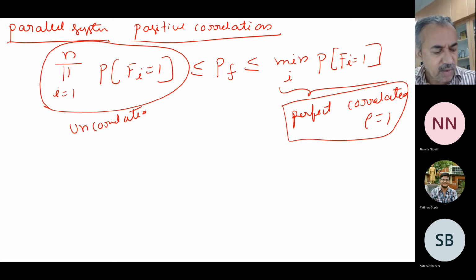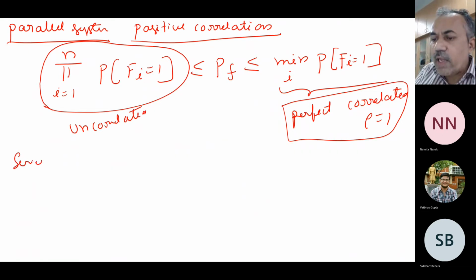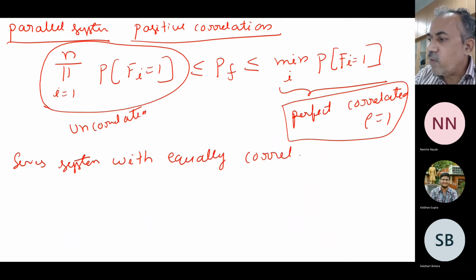Okay, so you can calculate this, and there are some expressions and problems you can try. There is one more thing: equally correlated elements also we have. There are a lot of formulas. Like if we're having a series system with equally correlated elements, all the elements are equally correlated.